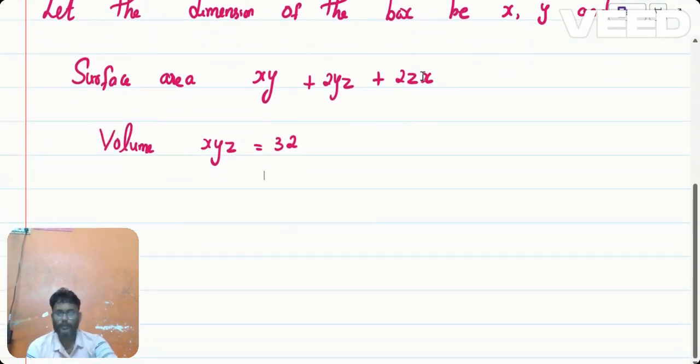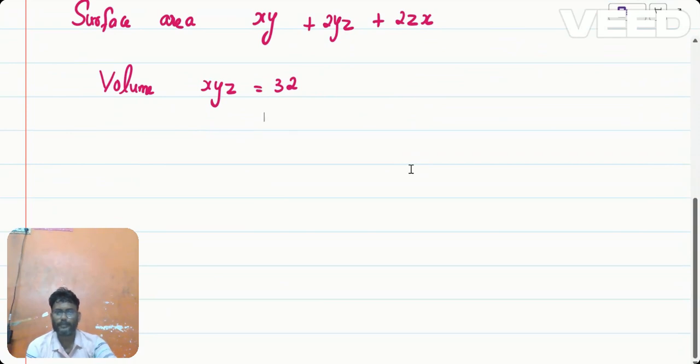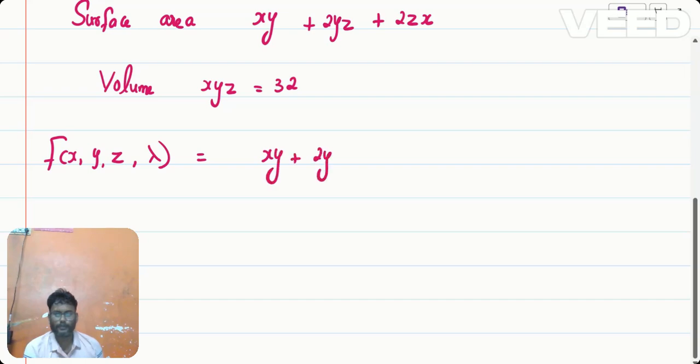So we have to construct the Lagrange multiplier function, that is f of x, y, z, comma lambda, where lambda is the undetermined coefficient: xy plus 2yz plus 2zx minus lambda times (xyz minus 32). And this is your constraint.